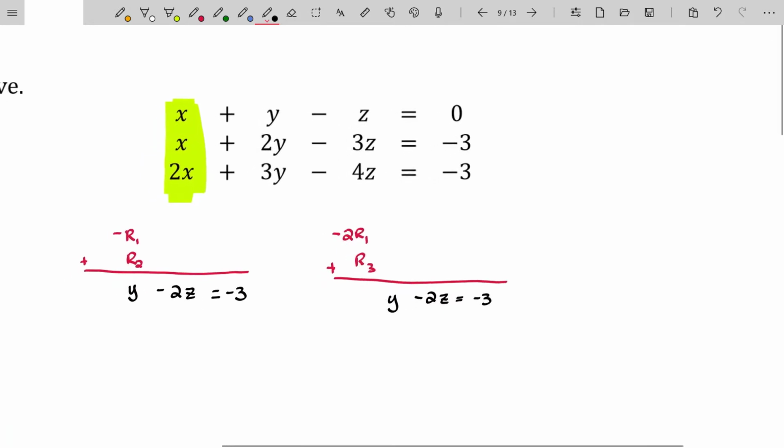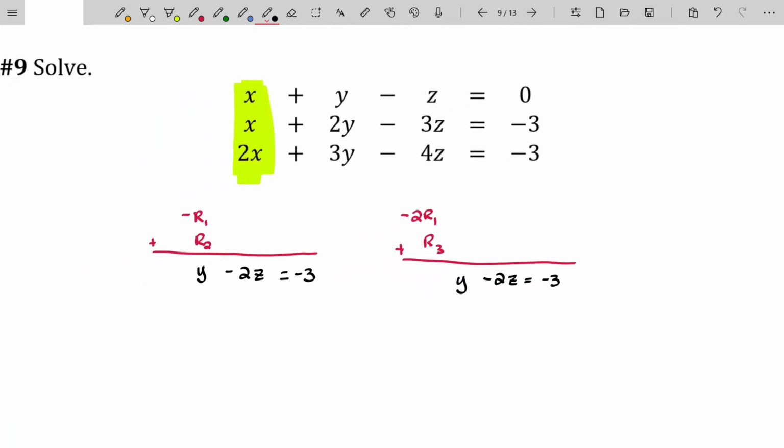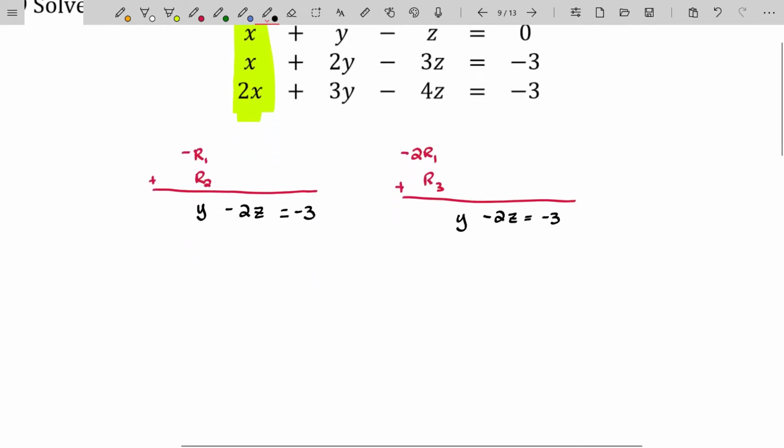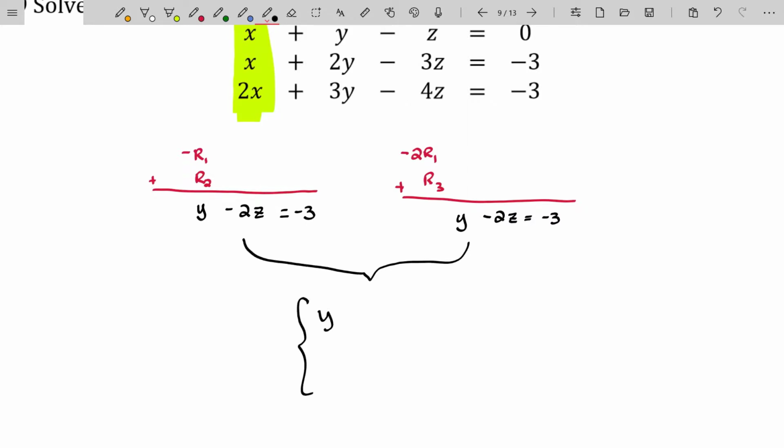Now you should notice these two equations are identical, which means that you have an infinite number of solutions. But if you don't notice that, you could just say, okay, well then I'll combine these two equations into a system. So I have y minus 2z is equal to a negative 3. The whole point, actually, as you move through mathematics, is to notice things before you do things.